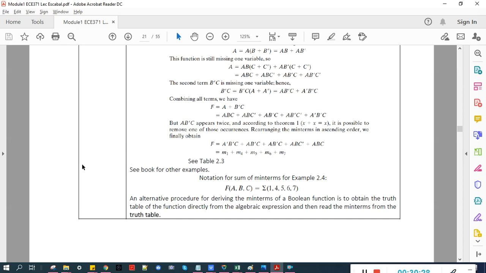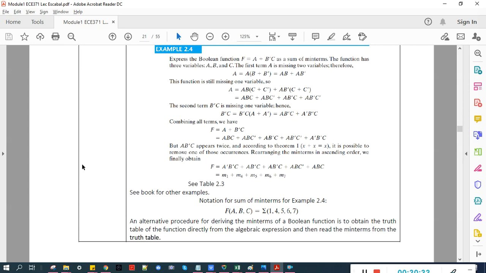And so on. Therefore we found out that F, which is equal to A plus B prime C, is equal to this expression. F is just the sum of its minterms: m1 plus m4 plus m5 plus m6 plus m7.